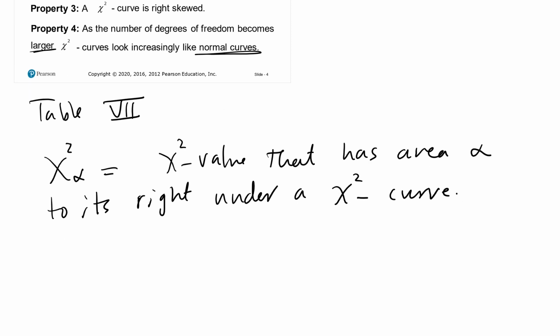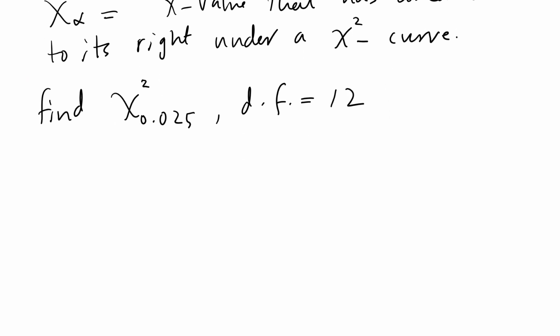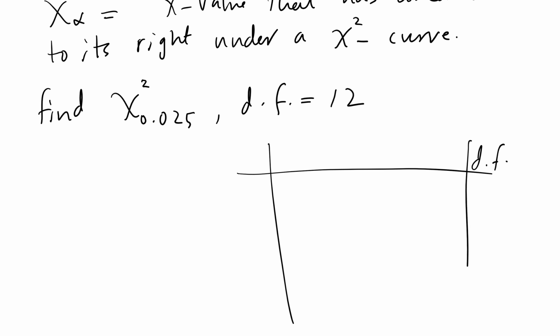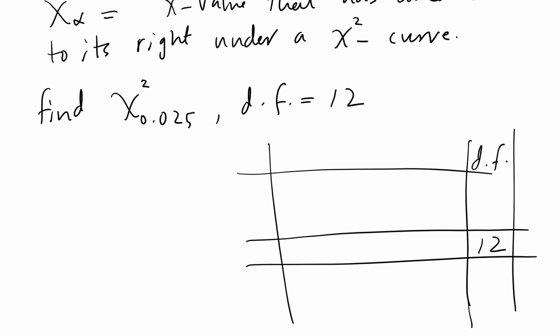For example, let's say we need to find chi-square sub 0.025 with degrees of freedom 12. It's really easy to find. You go to table 7 and look at the degrees of freedom on the side. Under 12, you find the chi-square in the column for 0.025.